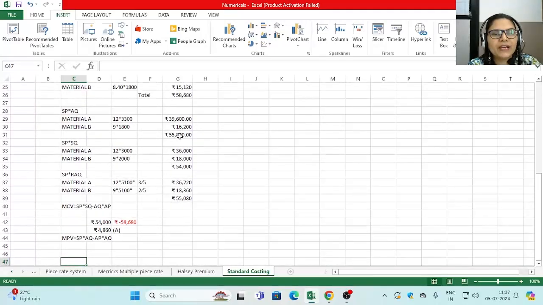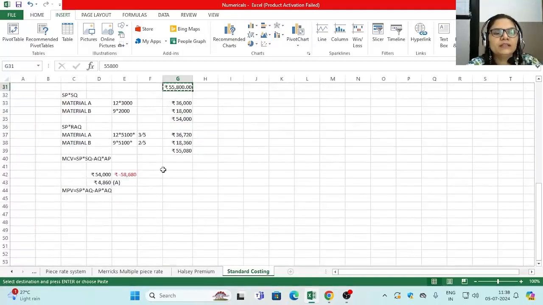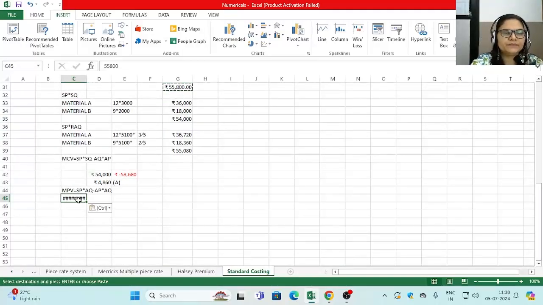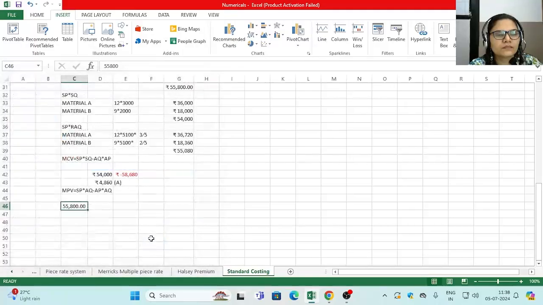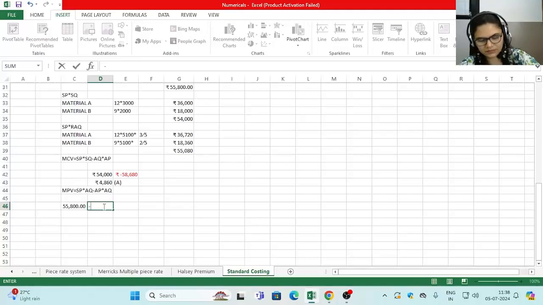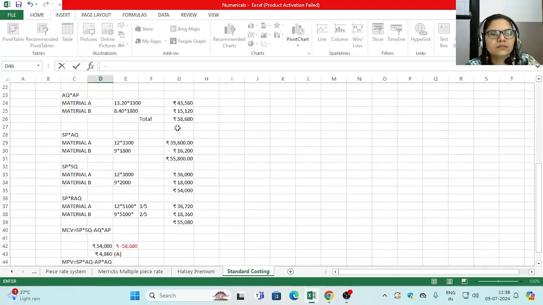SP into AQ we have calculated over here is rupees 55,800, and we will subtract 58,680. That is AQ into AP.